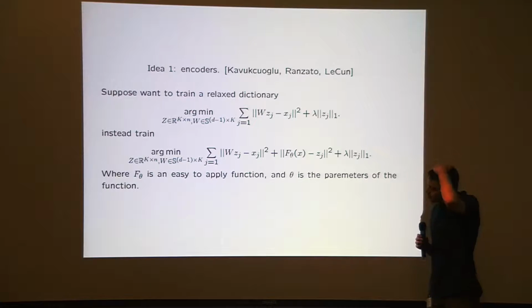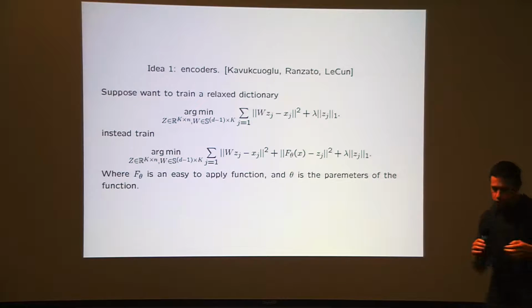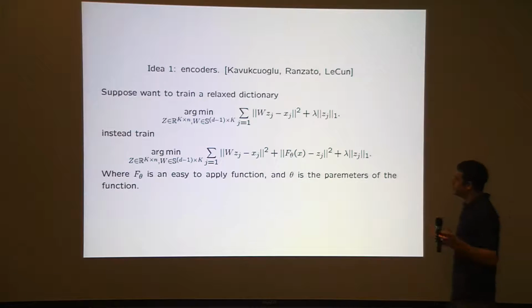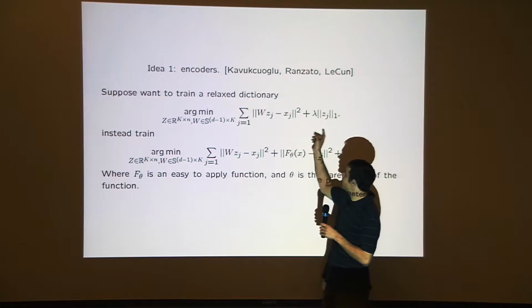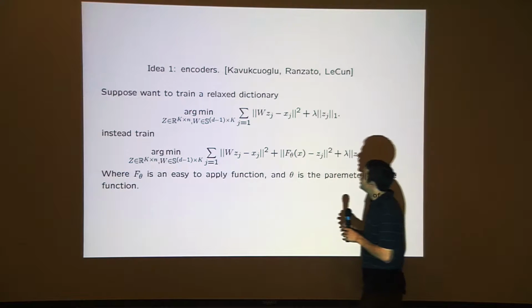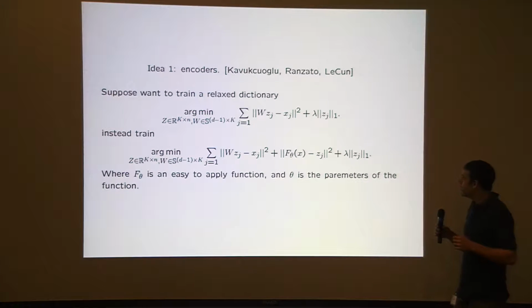So yesterday we saw several dictionary learning problems, and one of them was this guy here. This is the basis pursuit, or the relaxed dictionary learning problem.